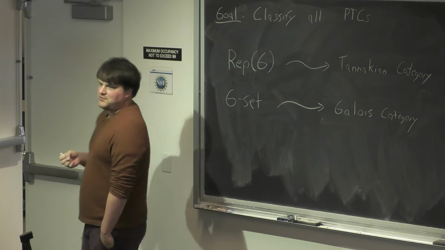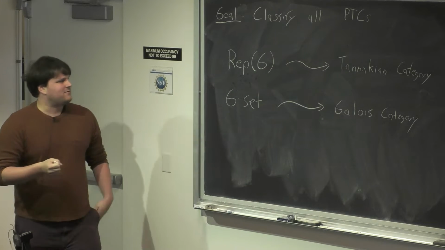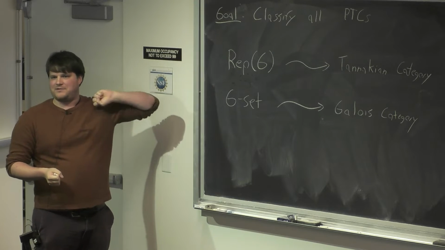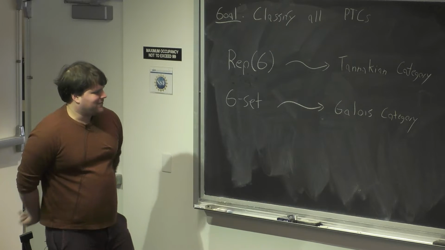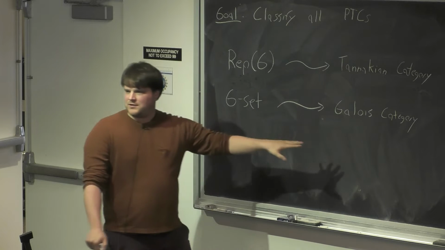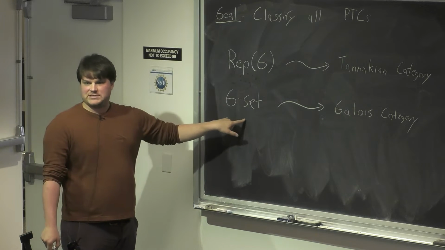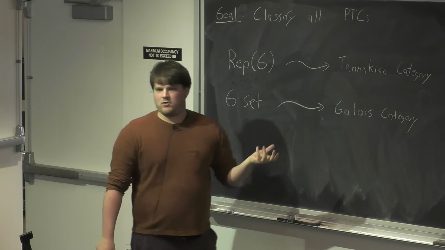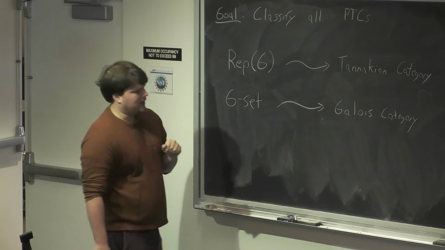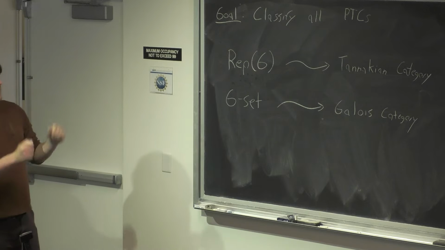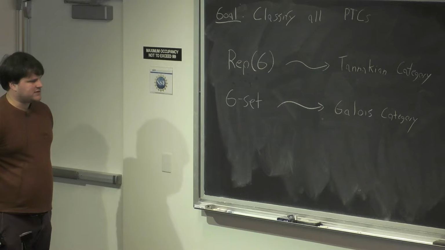Okay, so I want to leave the world of anything linear, anything tensor category. I want to go to this discrete world where I'm trying to understand categories of G-sets, but from a categorical perspective. I want to figure out which categories are categories of G-sets.